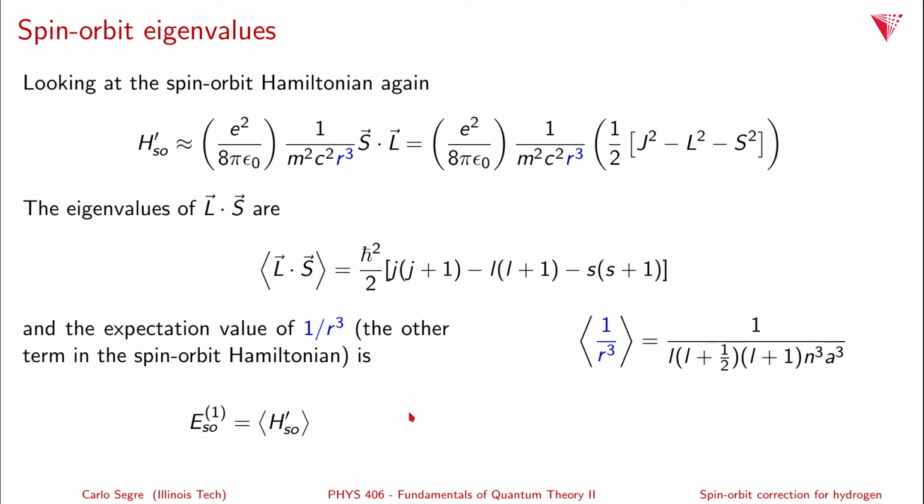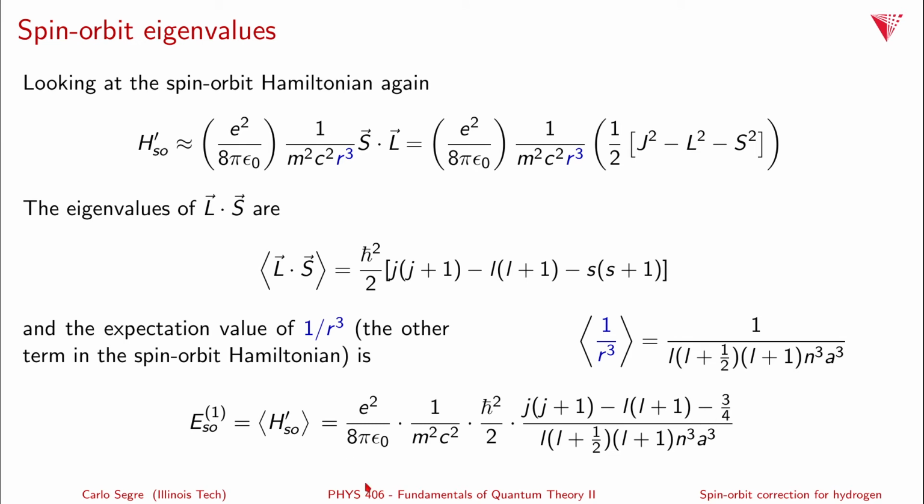And so the spin orbit energy correction, which is just the expectation value of H prime, for a particular hydrogen atom state where you have J, L, S, M sub J, and N as the good quantum numbers, is given by e squared over 8 pi epsilon 0, times 1 over m squared c squared, times h bar squared over 2 from this term here.